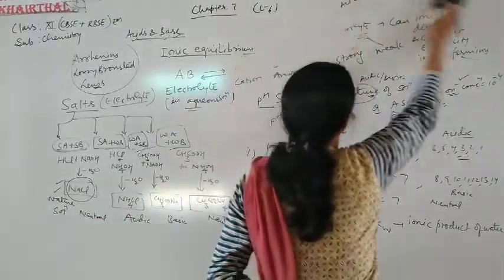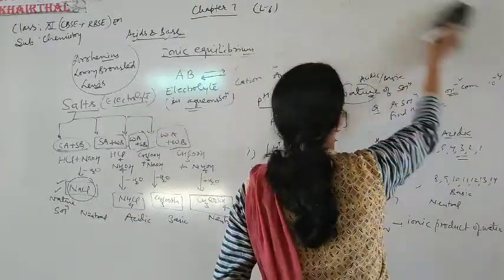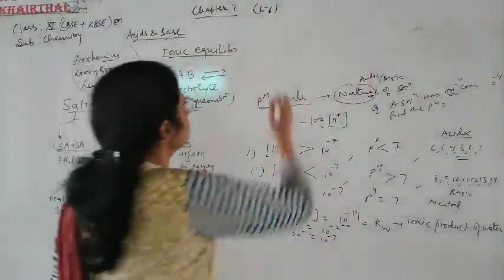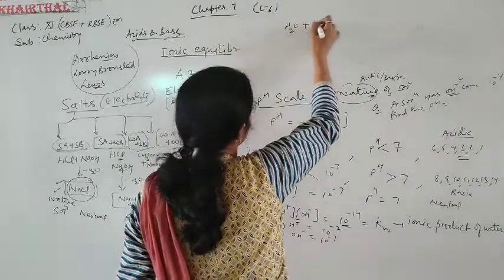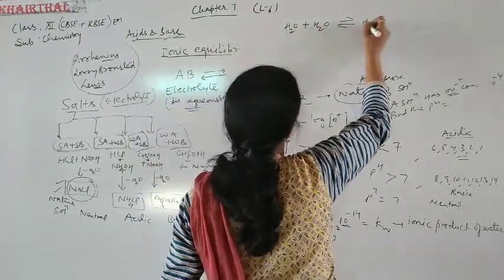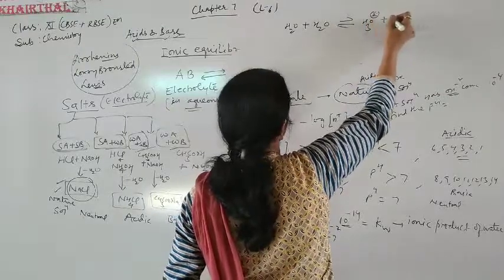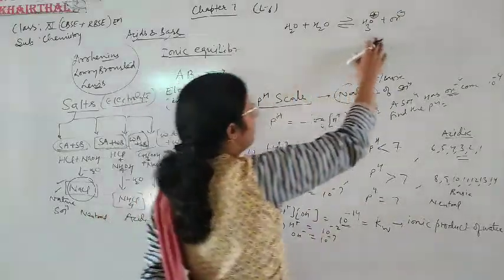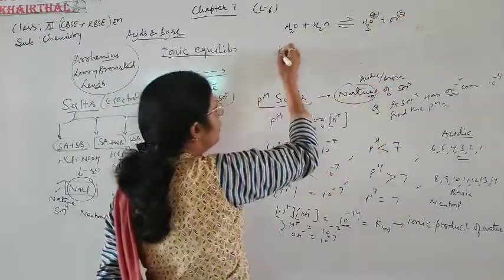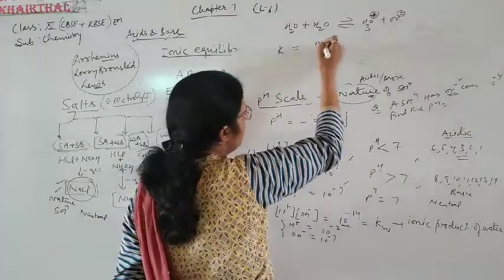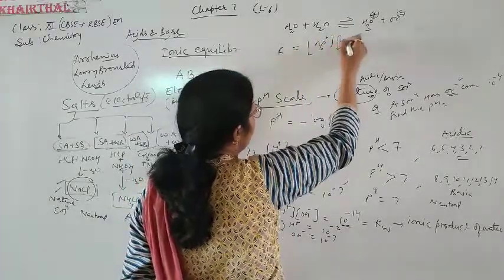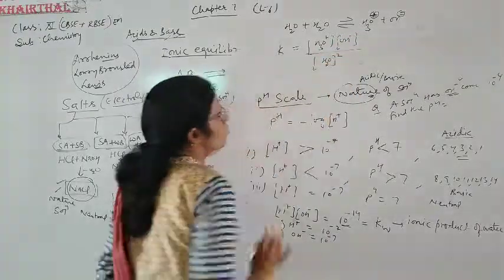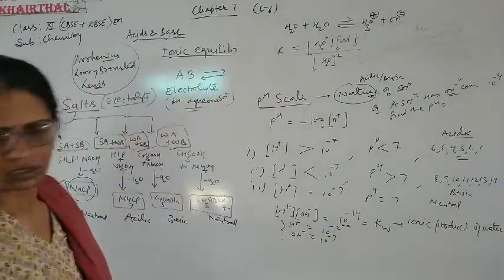Suppose a reaction like this: two molecules of water combine and form hydronium ion and OH- ion. Then what will be K, the equilibrium constant? It will be equal to hydronium ion times OH- ion upon H2O whole square. Okay, clear?